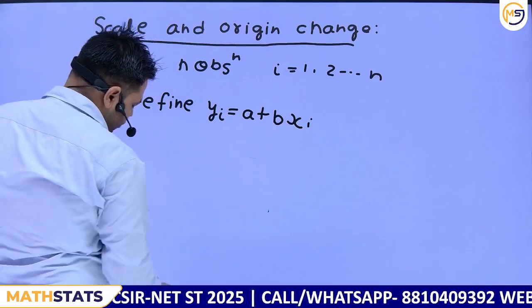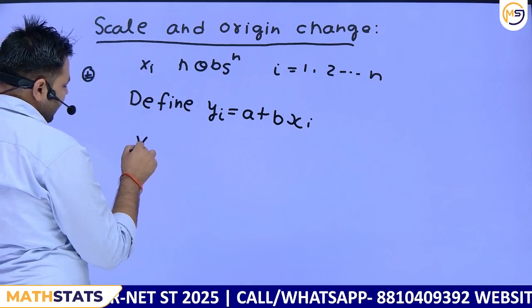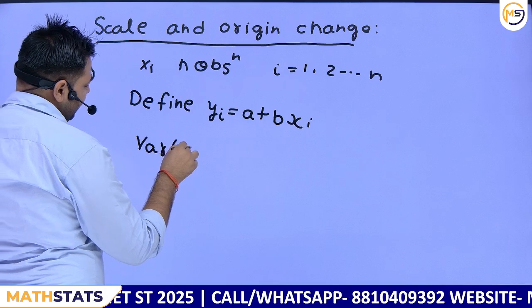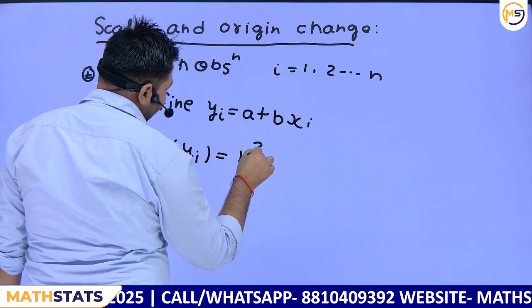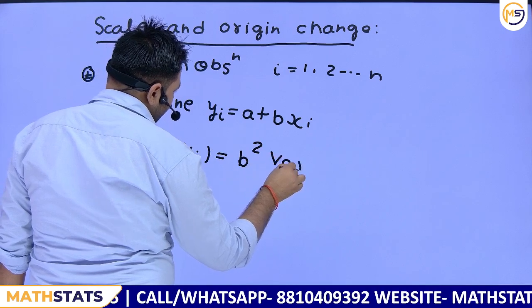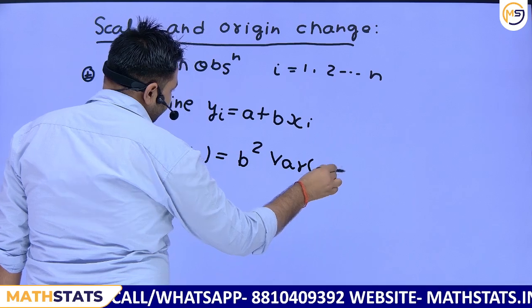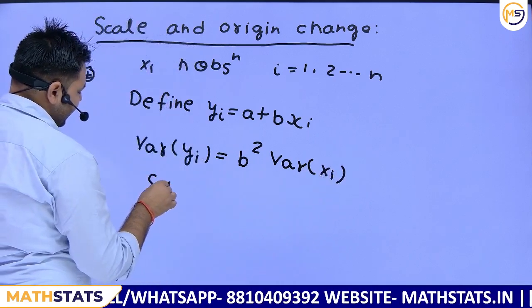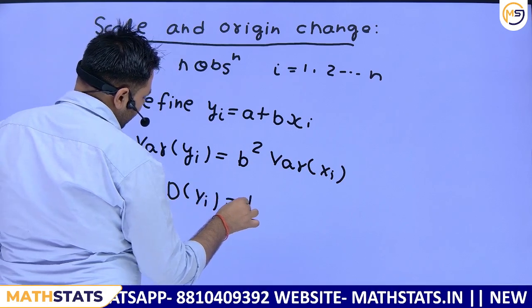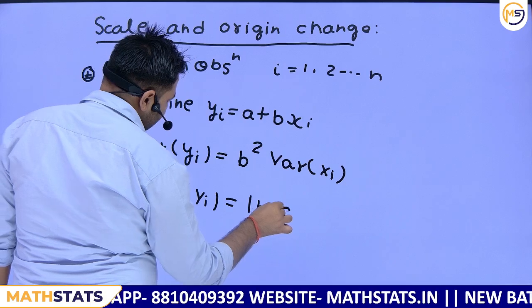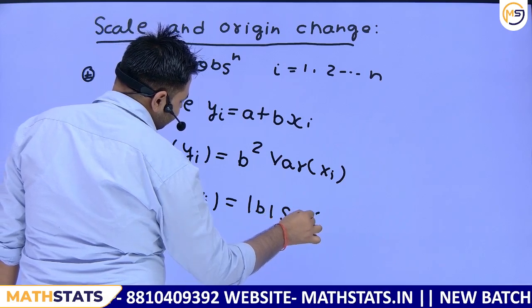So here you see variance of yi equal to b square variance of xi, and standard deviation of yi is equal to mod of b times standard deviation of xi.